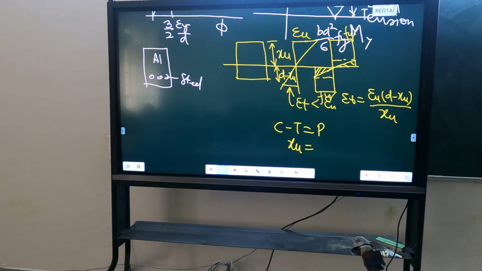So first we are assuming here that epsilon D is greater than epsilon y. Of course it will be less than epsilon u, that we know. But whether it is greater than epsilon y or not, that we have to check.